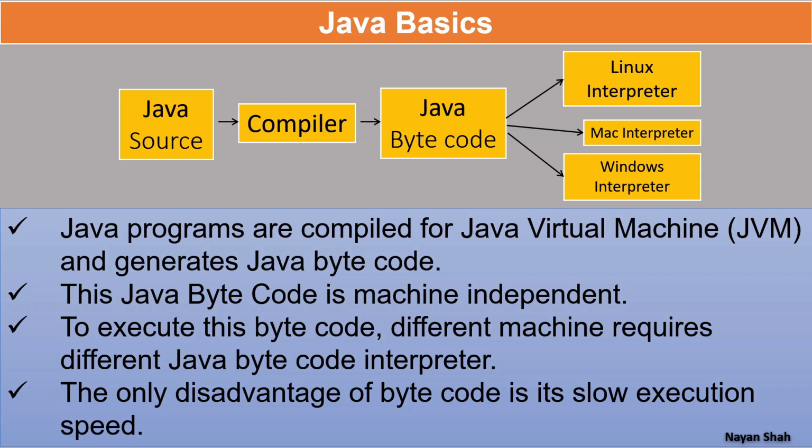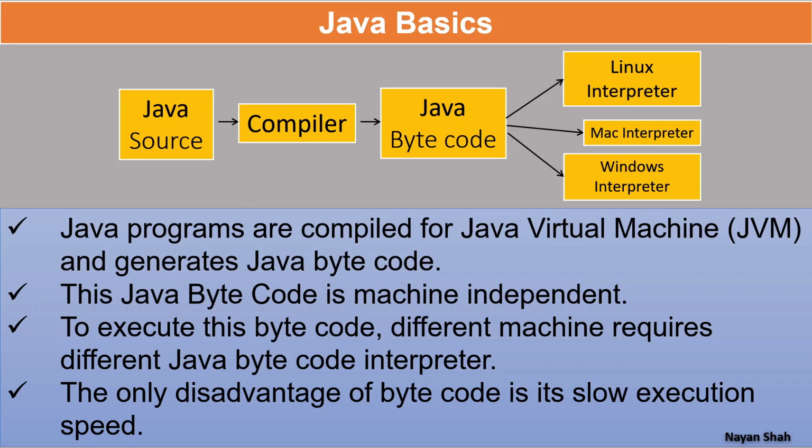Even if I compile a Java program on my computer, it is not getting compiled for my machine. Rather, it is getting compiled for a machine called JVM, the Java Virtual Machine, which does not exist anywhere.